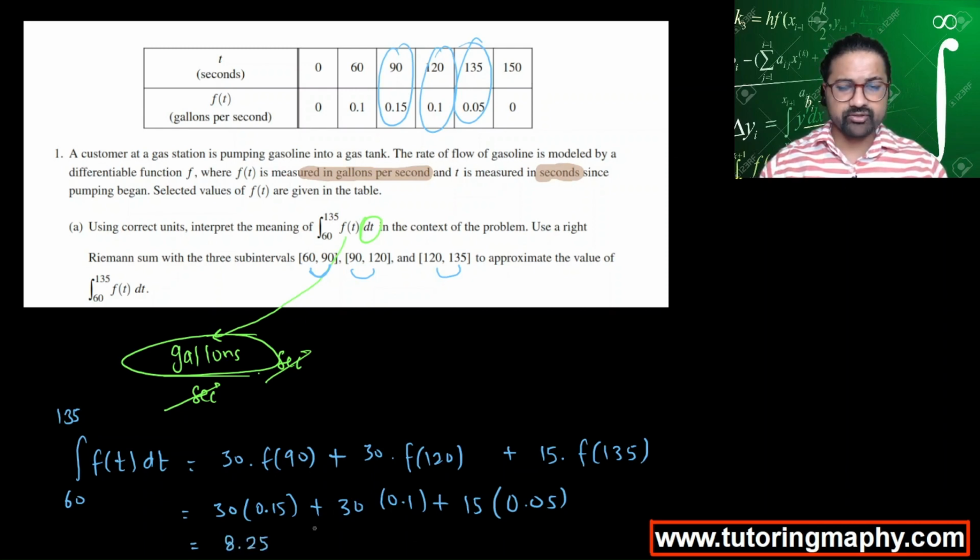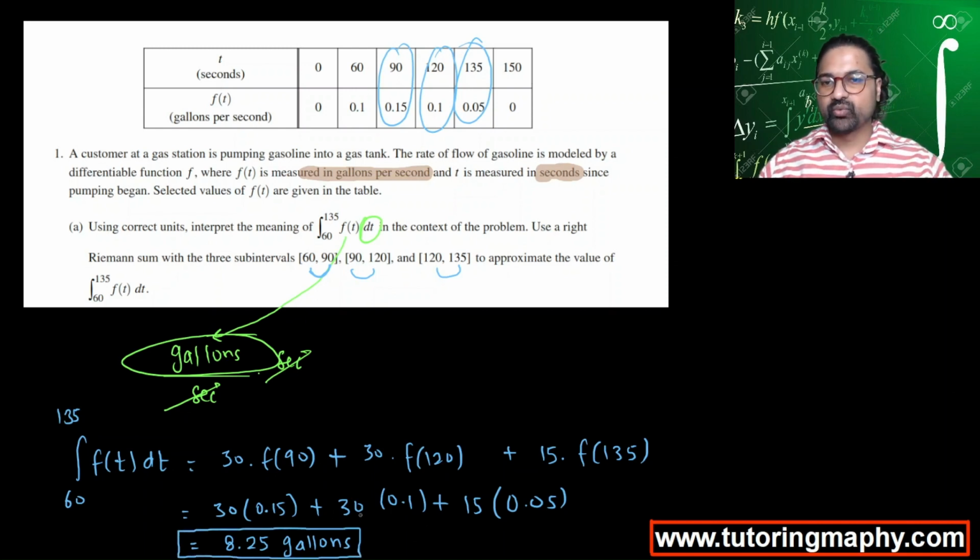And what is 8.25? We already defined that, right? This should be gallons. So this is 8.25 gallons. And what is the meaning of this? It means that between 60 and 135 seconds. Why 60 and 135? Because notice these limits. The lower limit is 60 and the upper limit is 135.